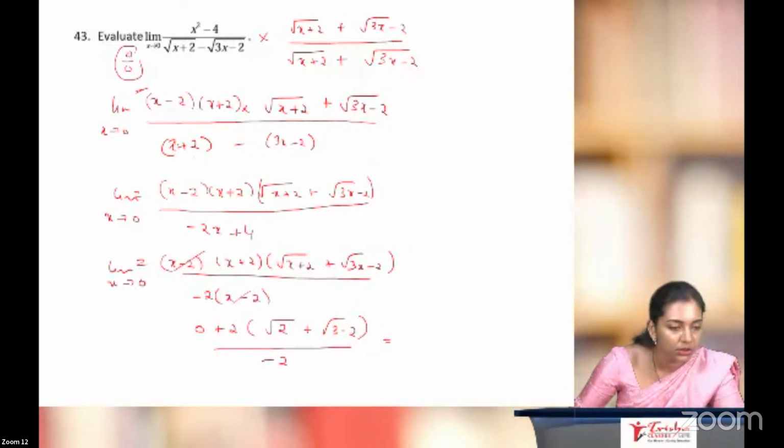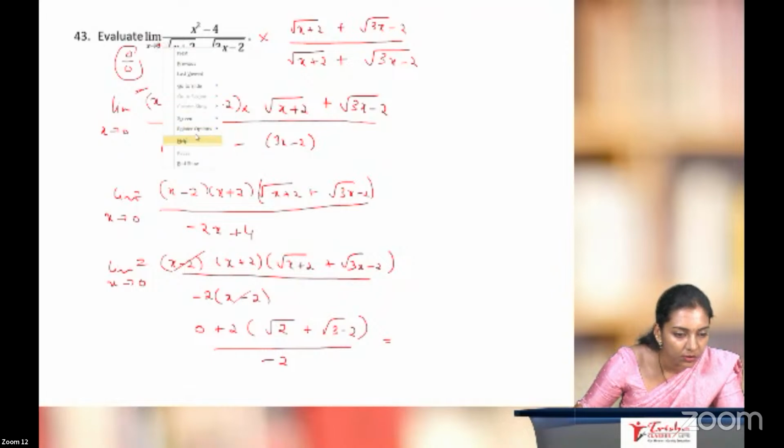It should actually be x tends to 2, not 0. There's a small change in the question. It was wrong actually. x tends to 2 actually. Okay, so x tends to 2 it is.